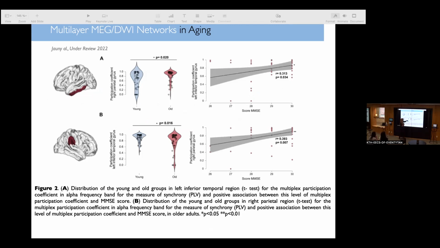And both of them, increases and decreases, were associated with better global cognitive function, which basically means that some of these changes might have been compensatory and might allow individuals with older age to still maintain a certain level of cognitive functioning.